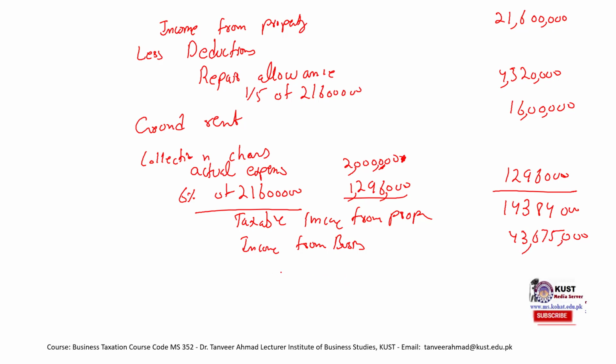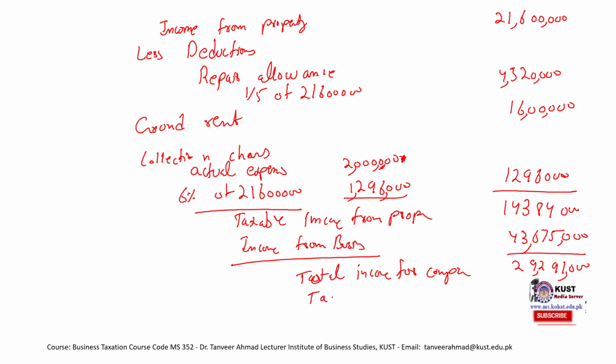Okay, if we sum this up, we get 292,91,000, and this is our total income for the company. We would have to calculate taxes on this amount.